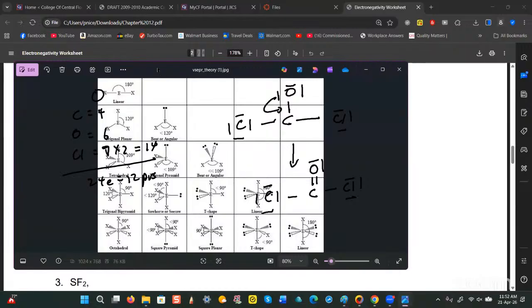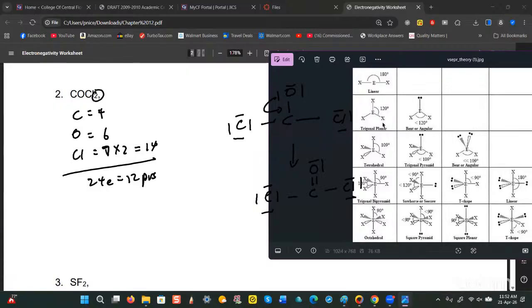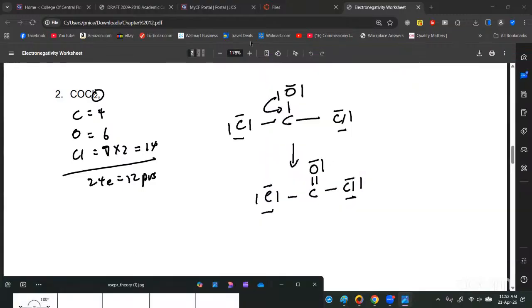The one that fits this arrangement would be this right here. Central atom bonded to 3 other atoms, right? So the shape here would be trigonal planar. So I'm going to write here, trigonal planar shape.